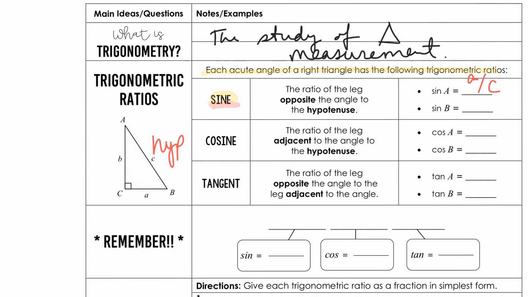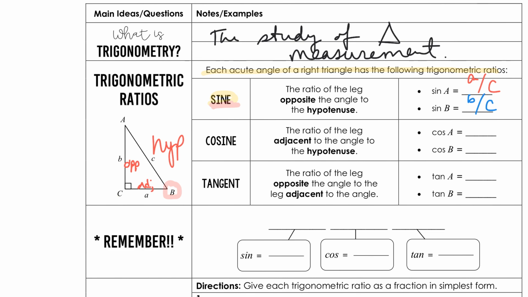If we're looking at B here, our viewpoint now is opposite, adjacent. So for sine B, we're going to say that B is opposite and C is the hypotenuse, which gives us the sine ratio. And we're going to go about doing the same thing for cosine and tangent.